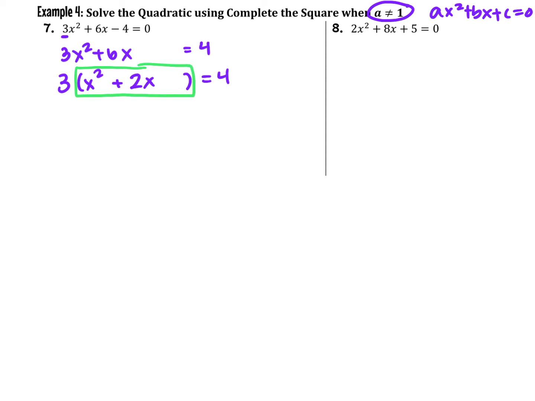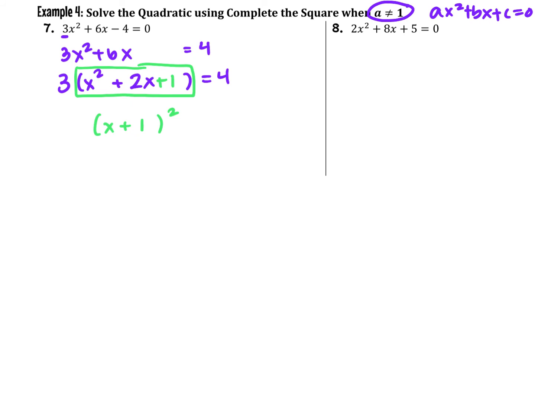So using the same logic that we've been doing, our ultimate goal is to get something squared. The something that's going to be squared is x plus half of that middle number, so x plus 1. And if I squared 1, that c value would be 1. Now what I want you to think about just briefly is, if I put a 1 here, what happens when I distribute this 3?